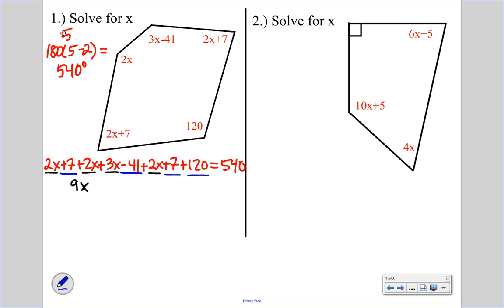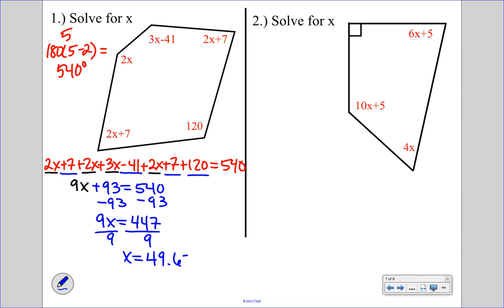And that is going to be a positive 93 equals 540. We subtract our 93. So we have 9x equals 447. Divide by 9. And we get about 49.67 approximately for that one.